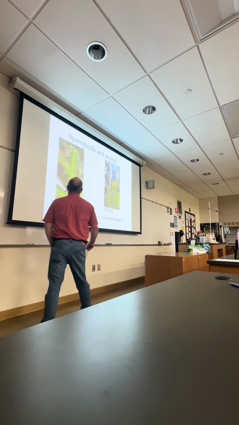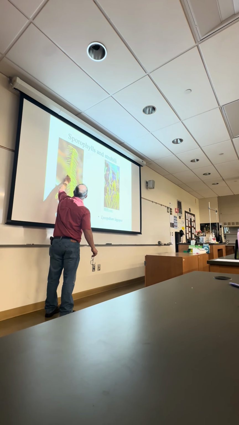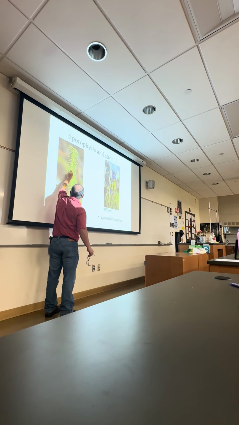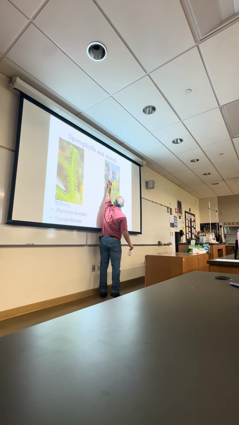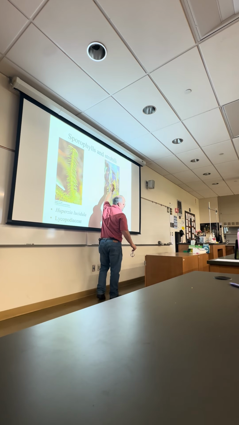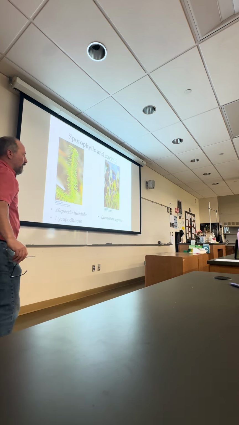So, right, here's examples. These are obviously sporophylls, so you can actually see the leaves, right? And then the strobili have the sporophylls, but they're not photosynthetic. They're actually kind of yellow if you look at them in a living plant.